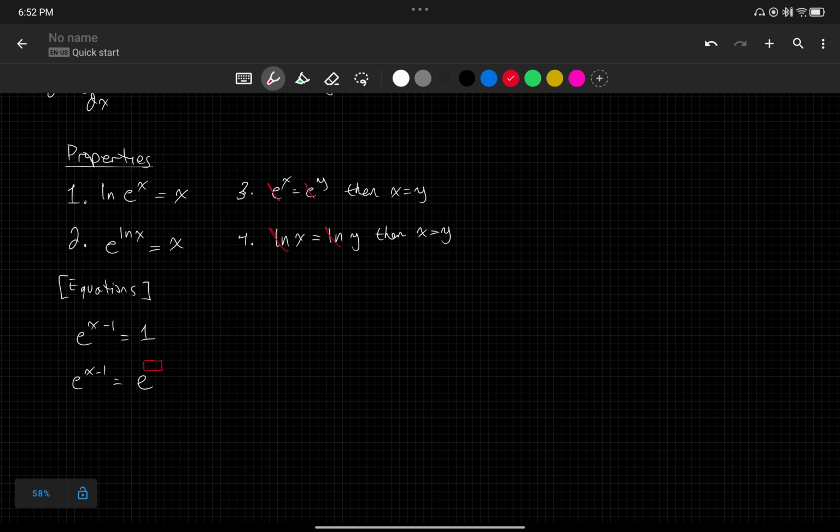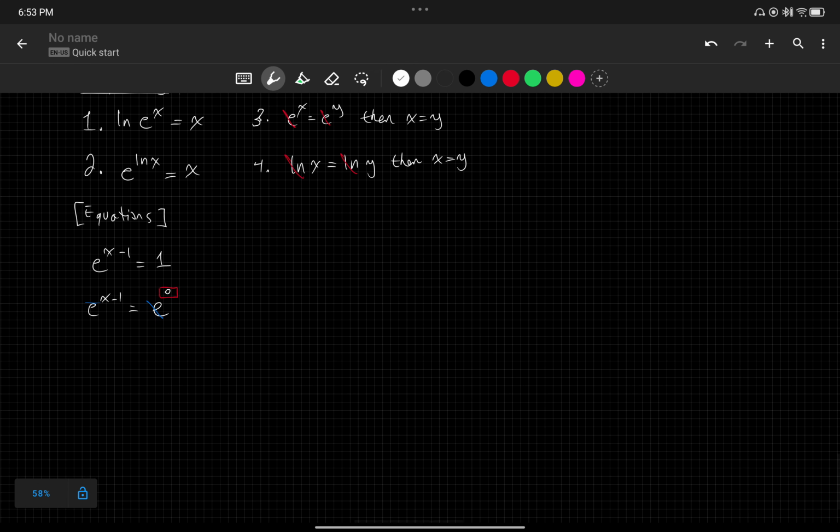You would need to have 0. And now you can do canceling. So then this one and this one is gone. So then from here, you get x minus 1 is 0, so x equals 1. So there you go. That was pretty easy. Again, because we know our properties. That's what makes it easy.